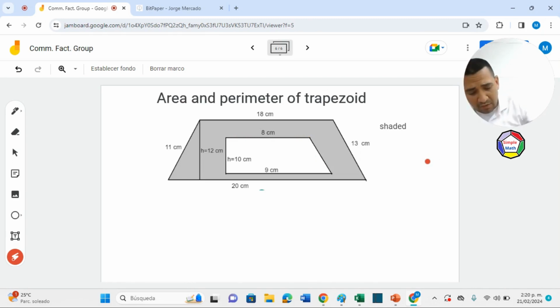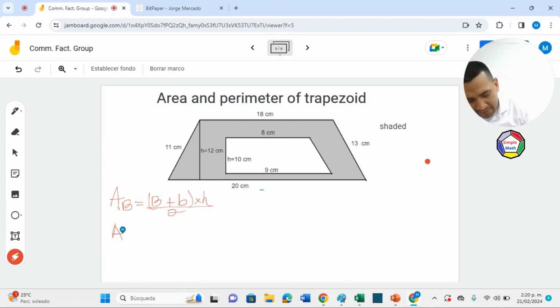Let's say the area of the big trapezoid. I'm going to write the formula again: the big base plus the small base. Once I get that result, I multiply times the height and then the answer divided by 2. That's the way we calculate that area.